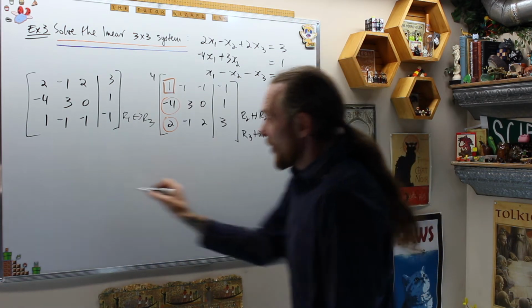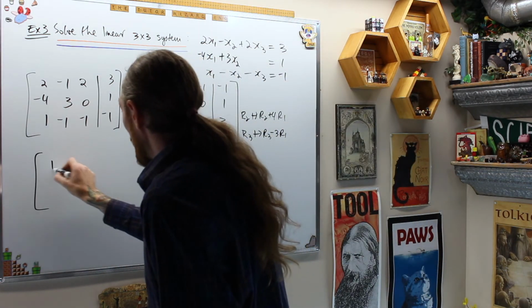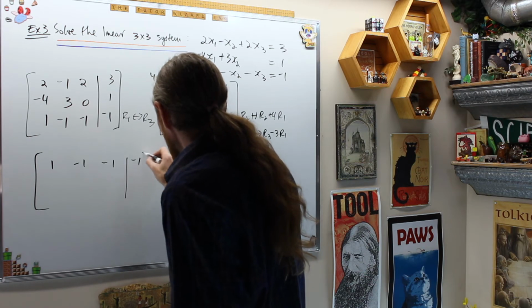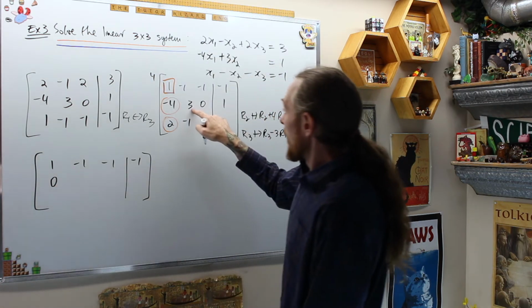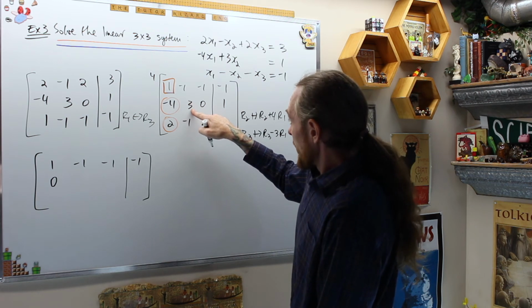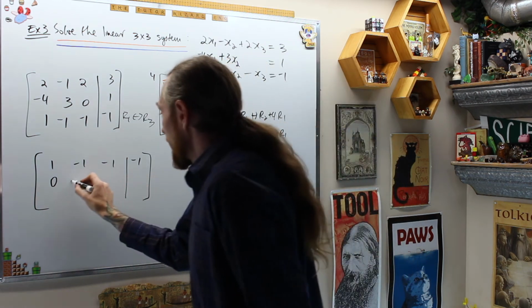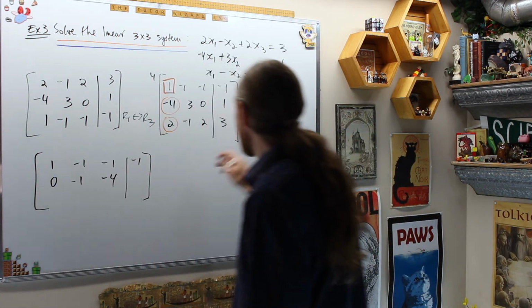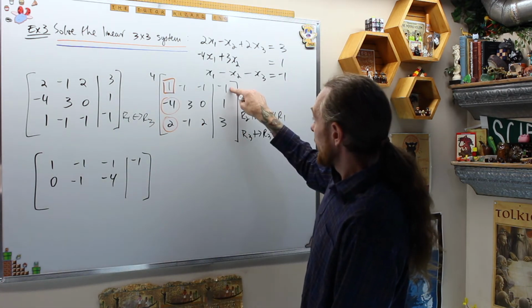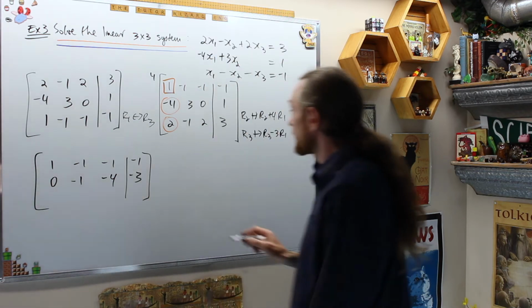Multiplying by 4 first, what do I get? I'm going to get 1, negative 1, negative 1, negative 1. Negative 4 plus 4 is 0. 3 plus negative 4 is negative 1. 0 plus negative 4 is negative 4. 1 minus 4 is negative 3.